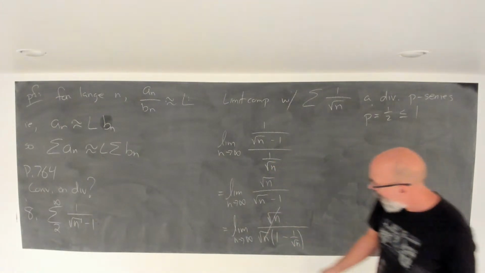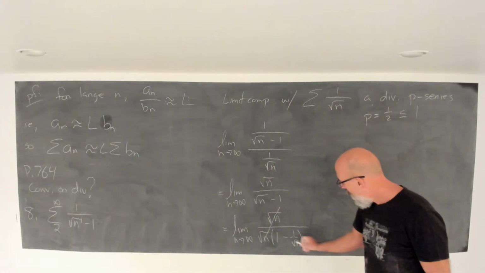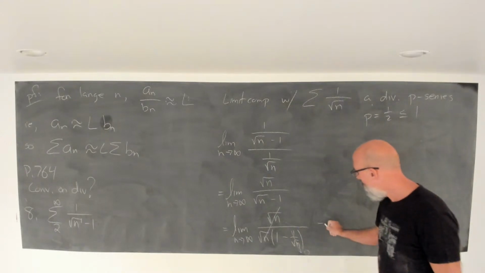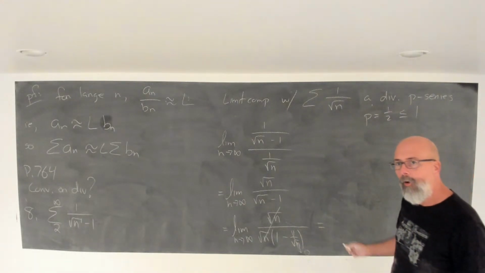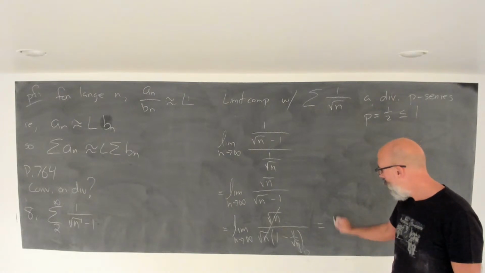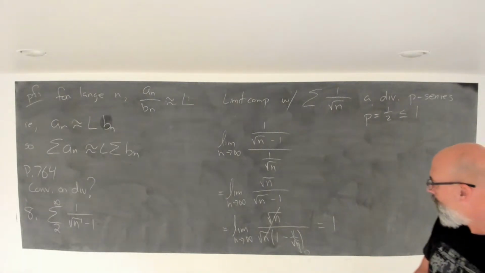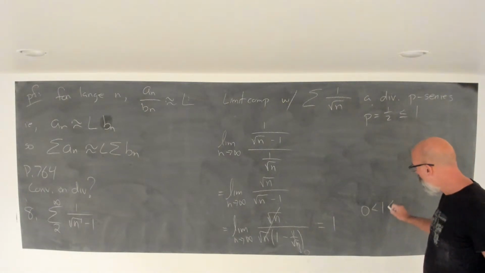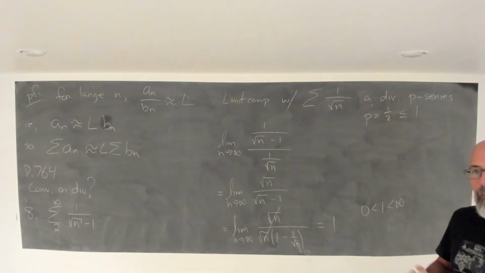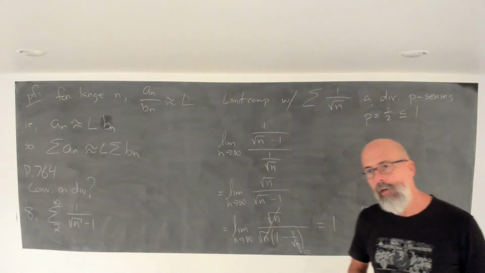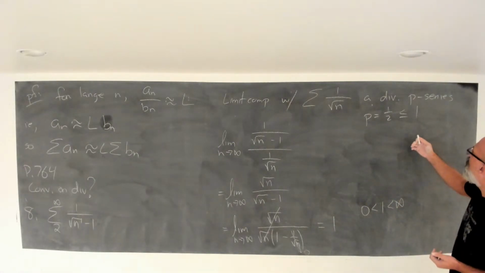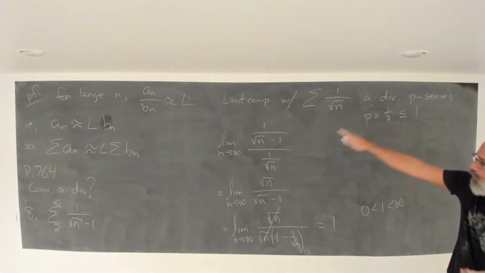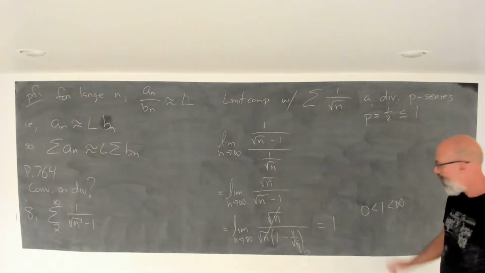These cancel out nicely. As n goes to infinity, this goes to 0. So we're left with a limit of 1. 1 is bigger than 0 but less than infinity. So both series converge or both series diverge, but this series diverges, so that one diverges as well.